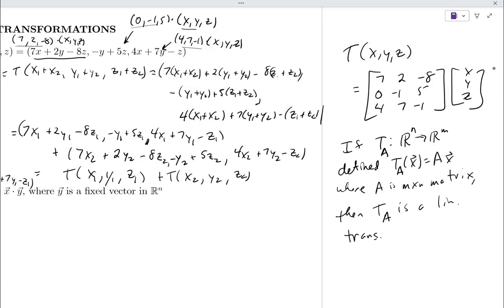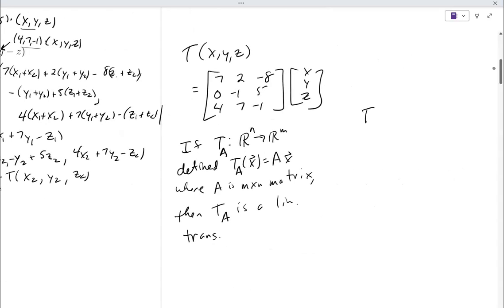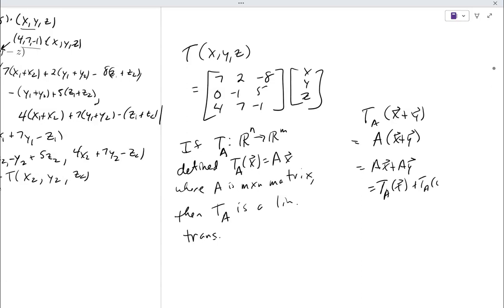We agree? Because if you had T sub A of x plus y, that is A times x plus y, which is Ax plus Ay, which is T sub A of x plus T sub A of y.